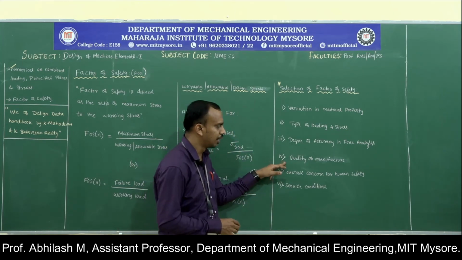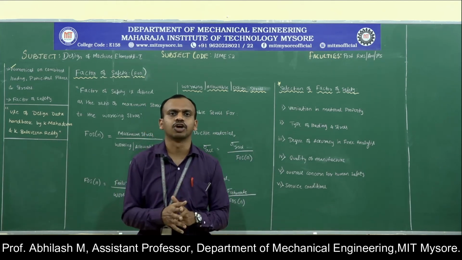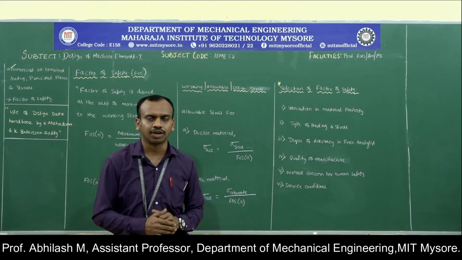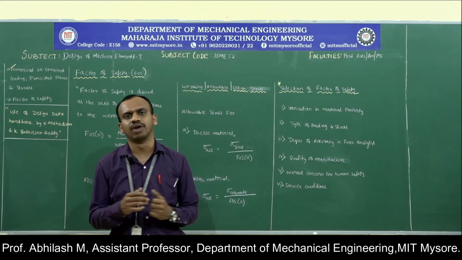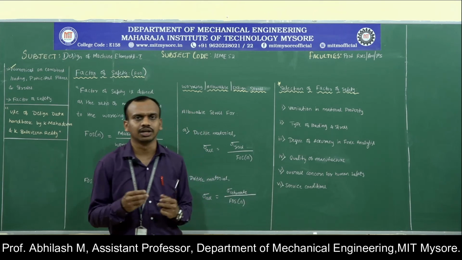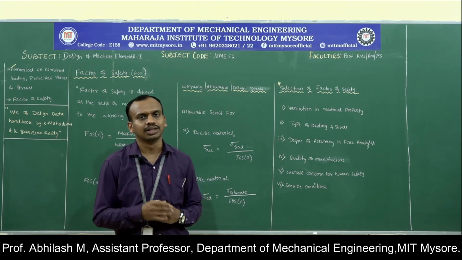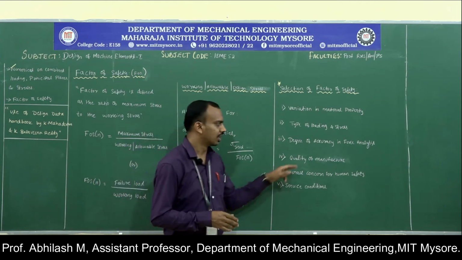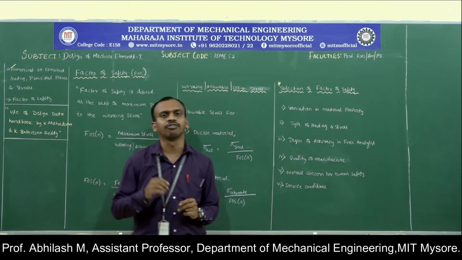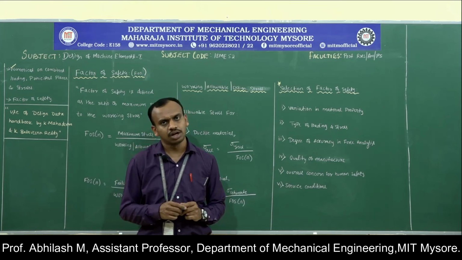The next is depending upon the quality of manufacture. If we are manufacturing the machine component with high precision accuracies, then the factor of safety value might be lesser in nature. If there is imperfection in the manufacturing work, then we are supposed to ensure that the factor of safety value is higher in nature, just in order to ensure the safety of the component.